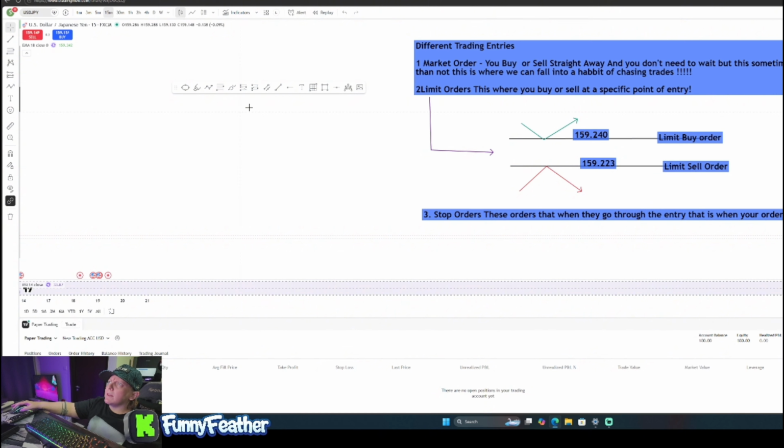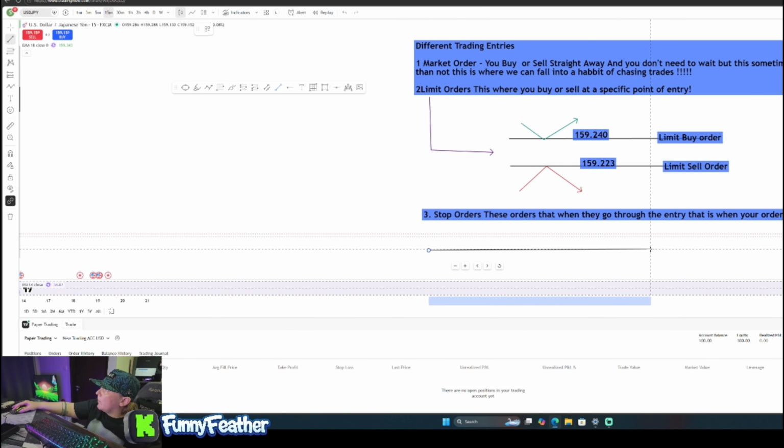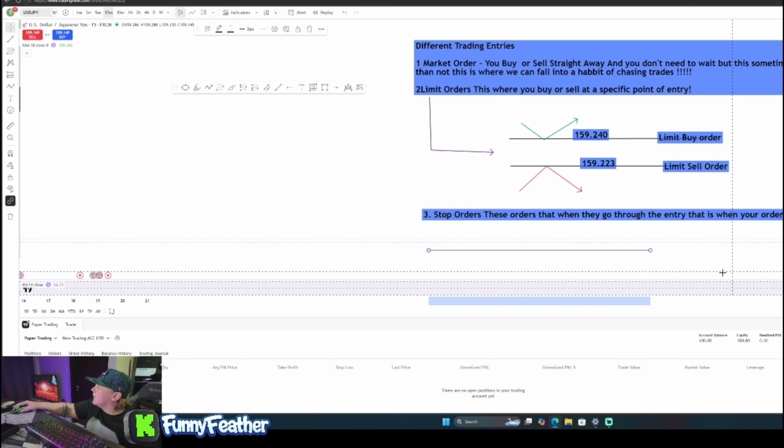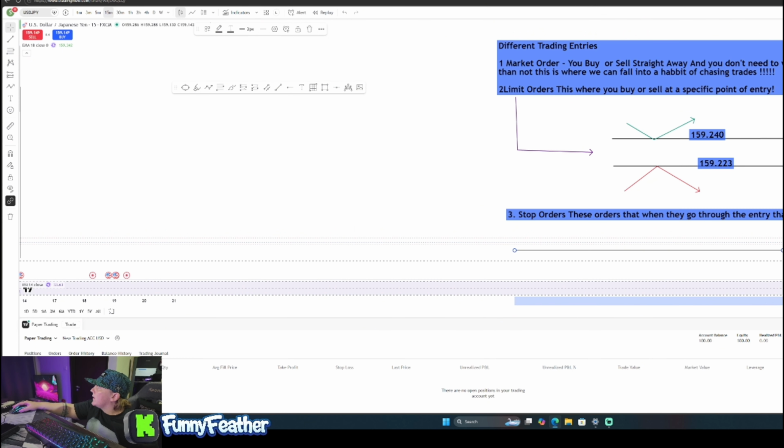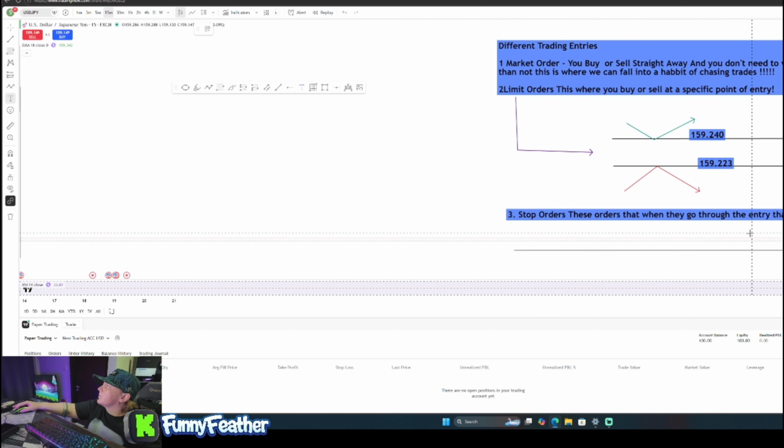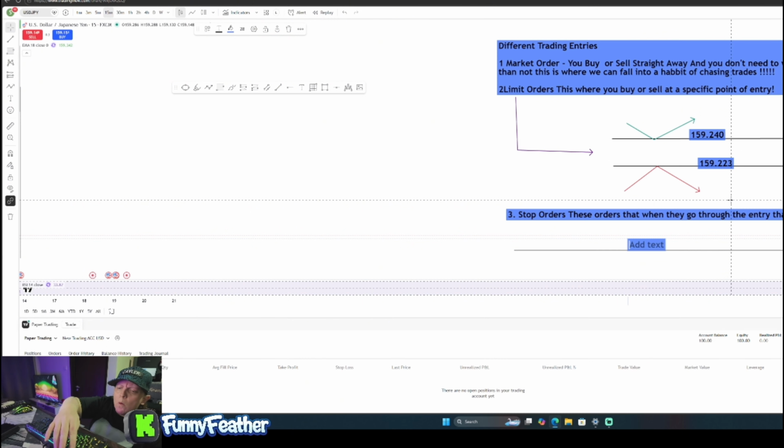Now another line coming out is, for example, we have, boom. Okay, so we have the $159.37.